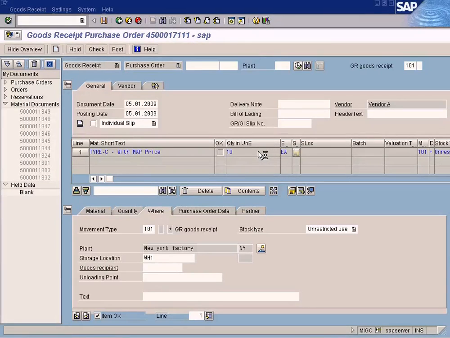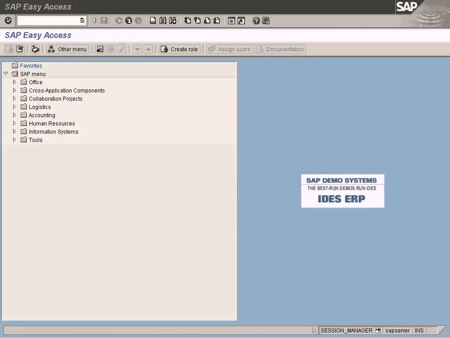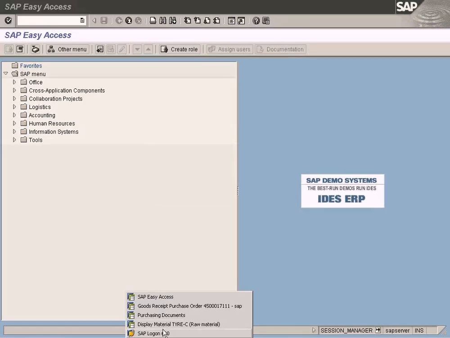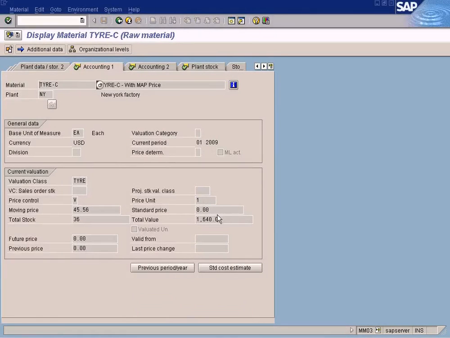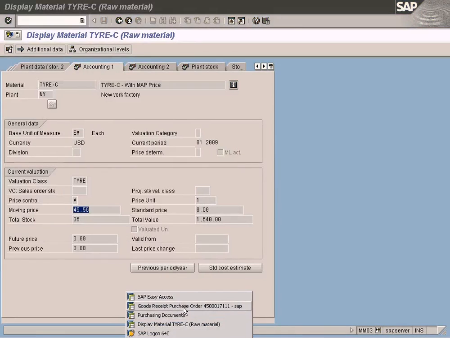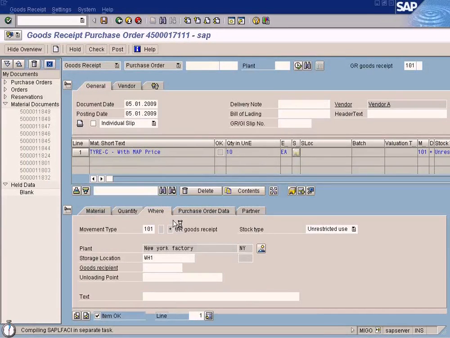The system will use the purchase order price of $40 to update the stock. We know that the stock balance is 36, and the earlier moving average price is 45.56.